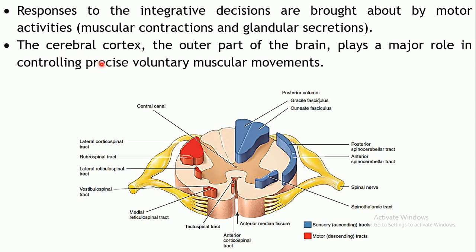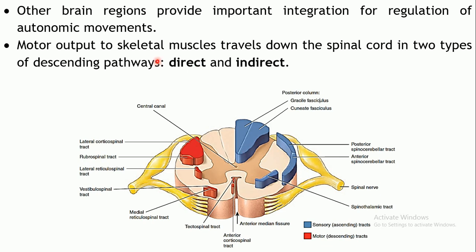It's mainly the cerebral cortex, the outer part of the brain, which controls the precise voluntary muscular movements. There are certain other areas in the brain which provide the integration for regulation of autonomic movements also.